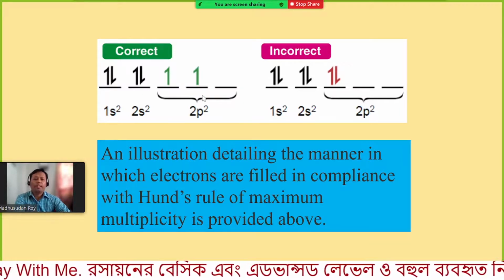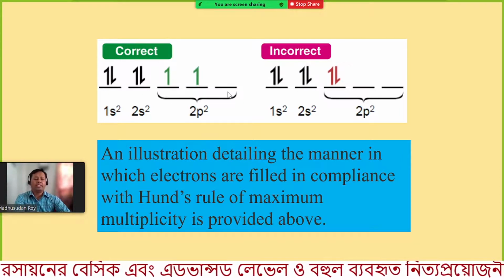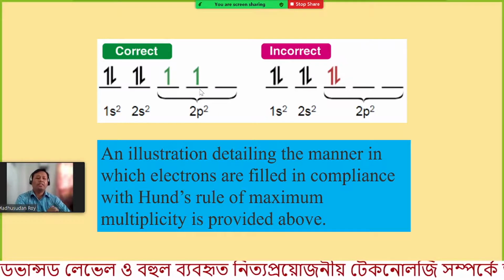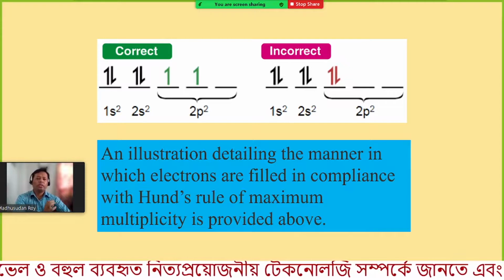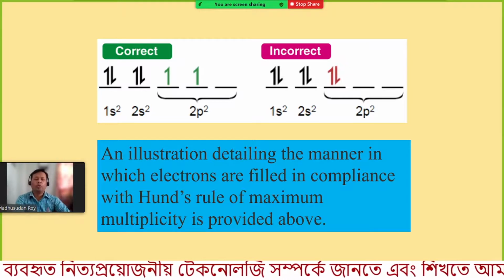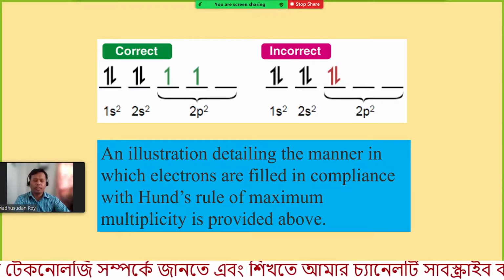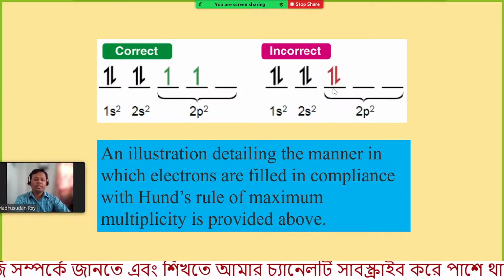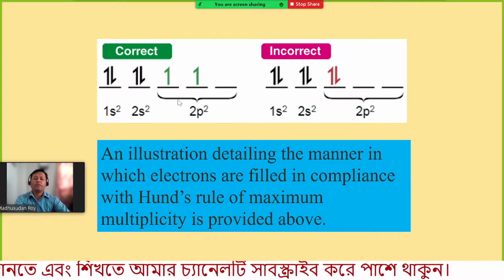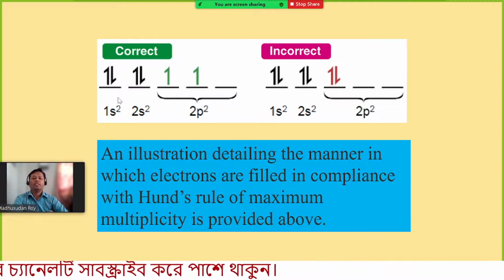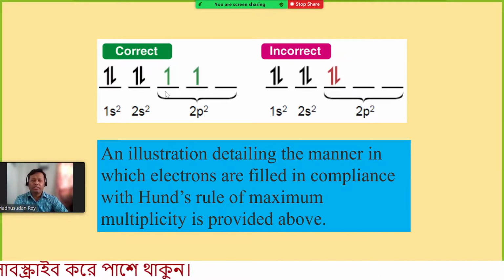In the 2p orbitals we have two electrons. We will learn different other rules, the Aufbau principle, Hund's rule, and also Pauli's exclusion principle, where we will learn how the electrons are filled and what their spin would be. So in the next class I will discuss that.